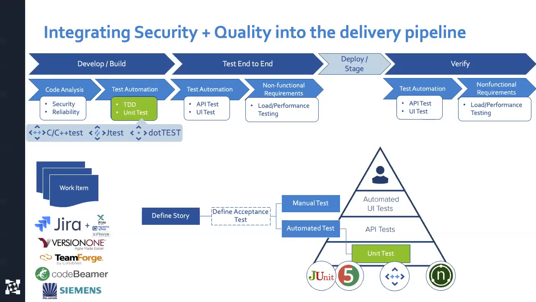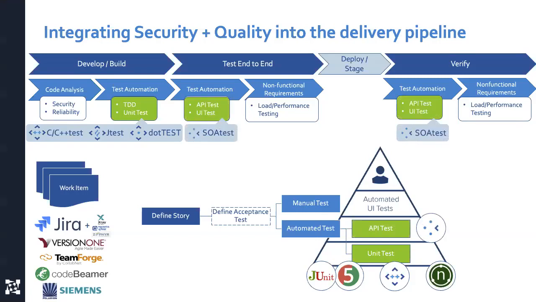If that's something of interest, fire a message to the chat, and we'll make sure we follow up with you with that. Where we are going to be focusing today, though, is how we can actually do the test automation part, both the API testing, where we're going to be using Parasoft SOA test, and also how we can do Selenium-driven UI testing.